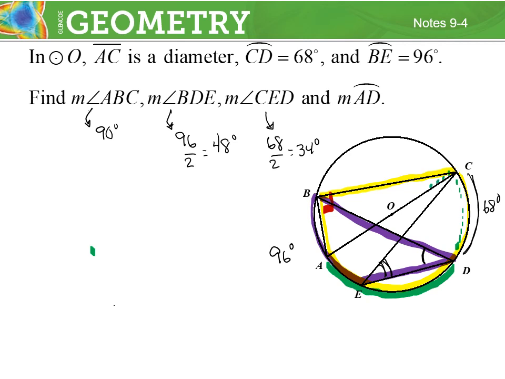How do I know that? Because there's our diameter. So the measure of arc AD equals 180 degrees minus 68, which is 112 degrees.